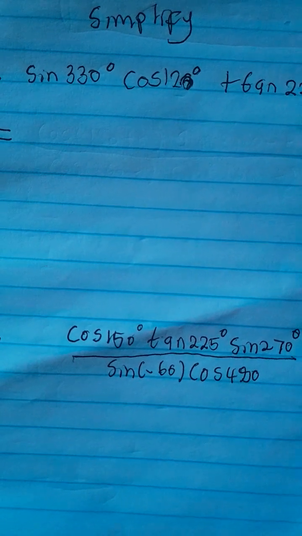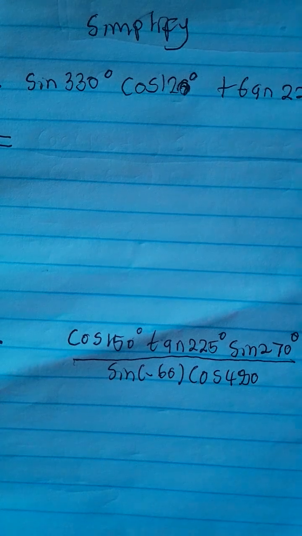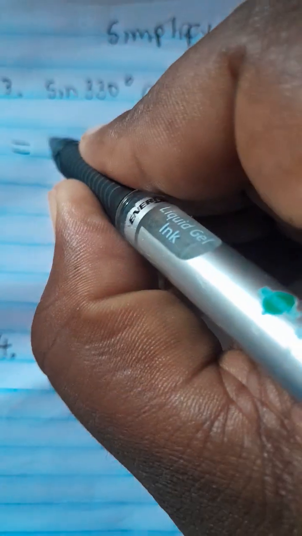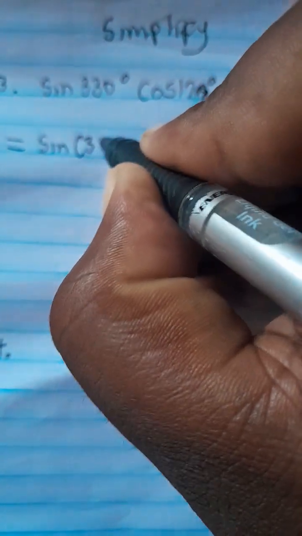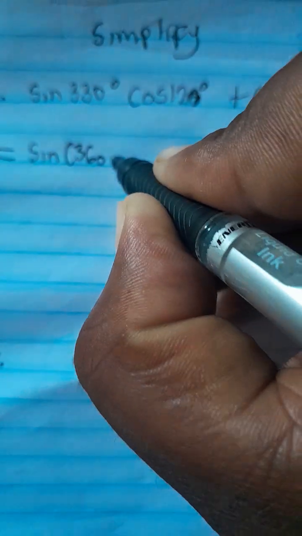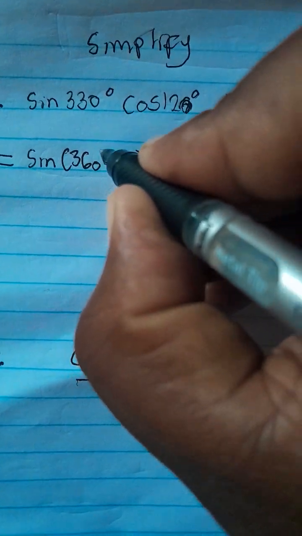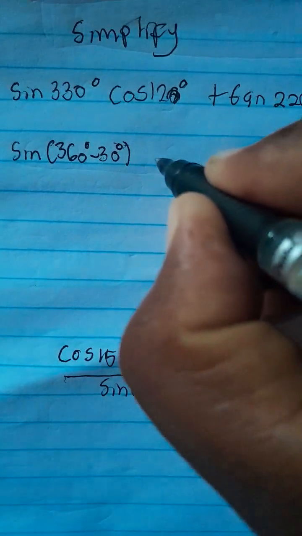We can reduce 330 by 360. When you say 360 minus 30, you're getting 330, right? So this will be sine (360 minus 30), so 360 degrees minus 30 degrees.